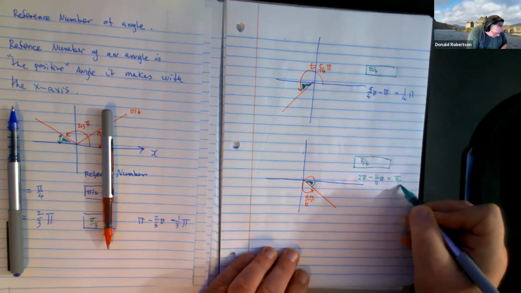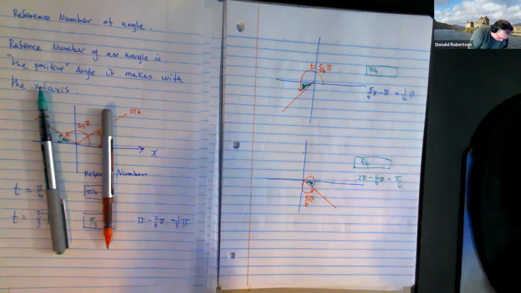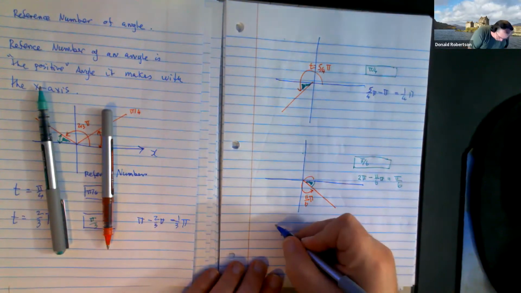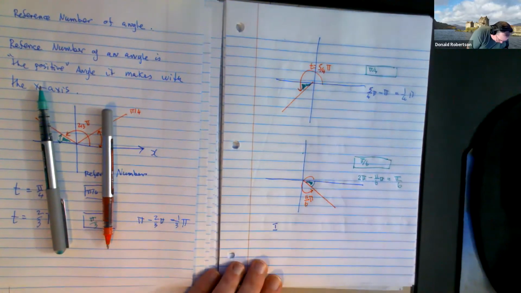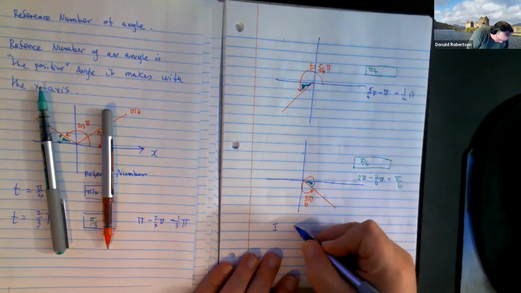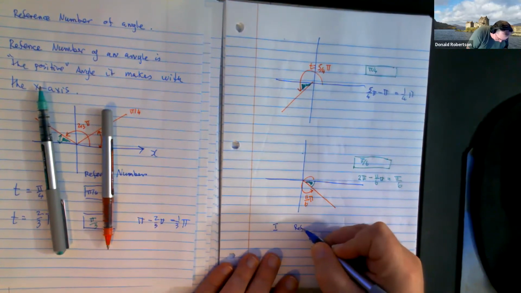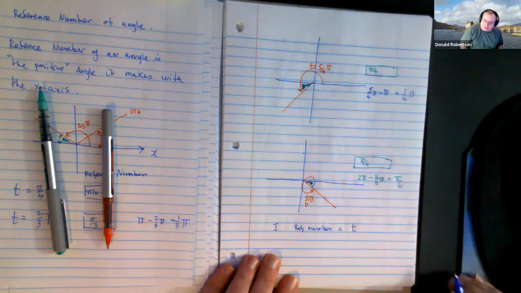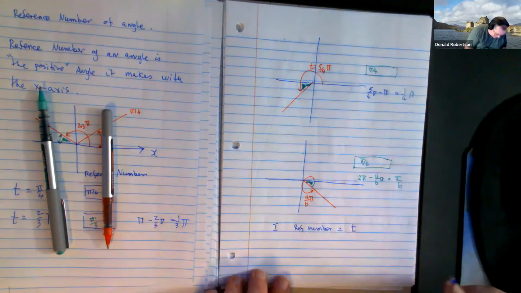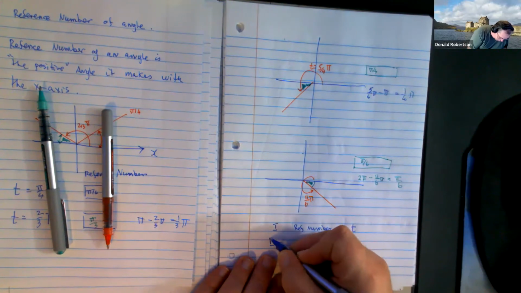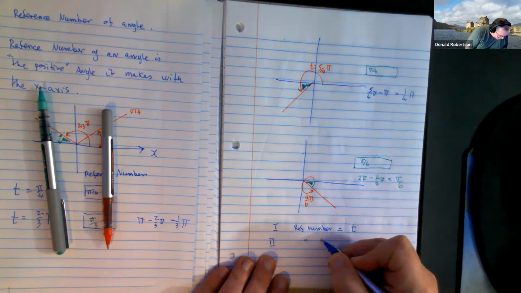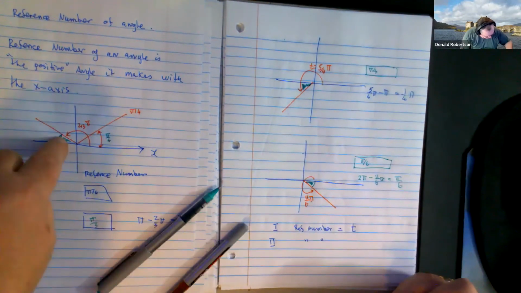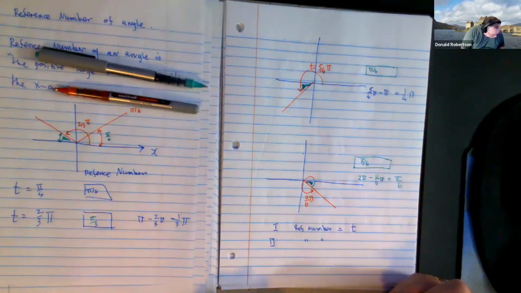Okay, let's see if we can do a little table. If you're in the first quadrant, the reference number is the same thing as the terminal angle, t. If you're in the second quadrant, remember this one here, how would we get that?